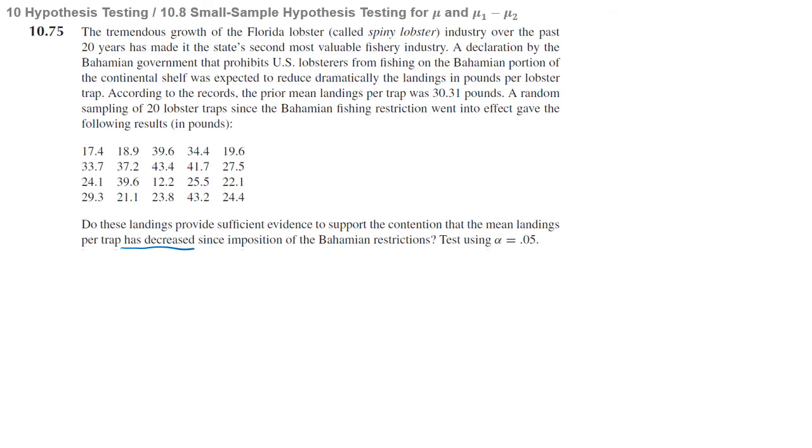Step 1 is to set up the hypothesis. The null hypothesis is that the mean is 30.31, and the alternative hypothesis is whether it has decreased, that is, mu is less than 30.31. And the alpha level is 0.05.